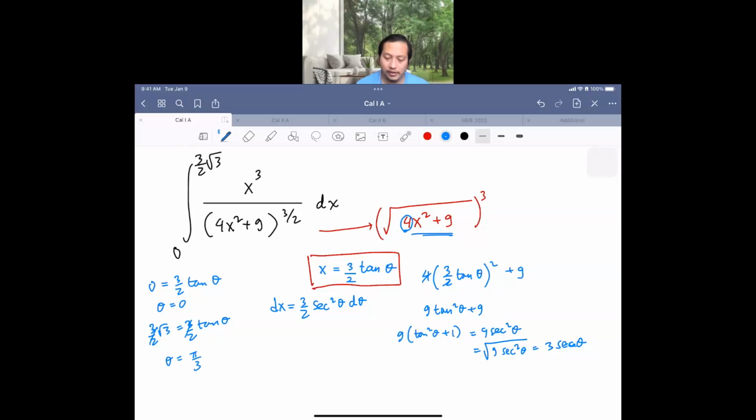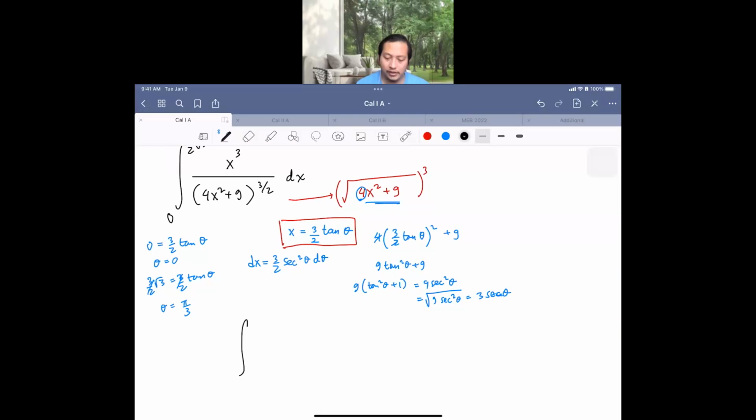Tangent 60 is square root of 3. So the integration becomes from 0 to pi/3, and x cubed becomes 3/2 tangent theta cubed. And this is cubed, and 3 secant theta, right? From here, and dx will be 3/2 secant squared theta d theta.